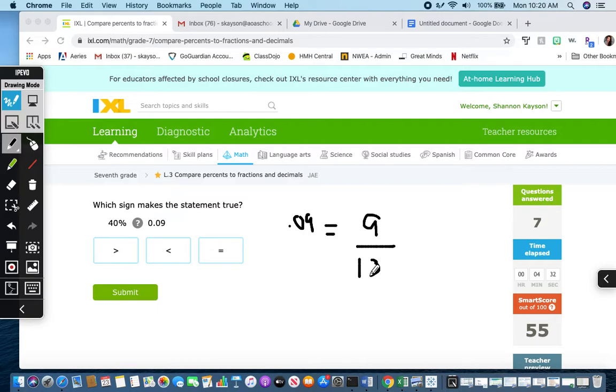Think of this as 9 cents, like 9 pennies. 9 pennies out of $1 would be 9 cents, right? So that's 9 out of 100. Or you can see this is the second place value, so 2 zeros here. So 9 out of 100, that's 9%. So 40% compared to 9% is now much easier to compare. So now we can tell for sure that 40% is greater than 9%.